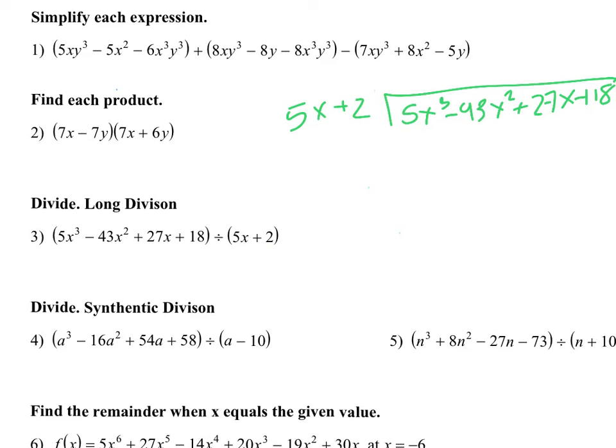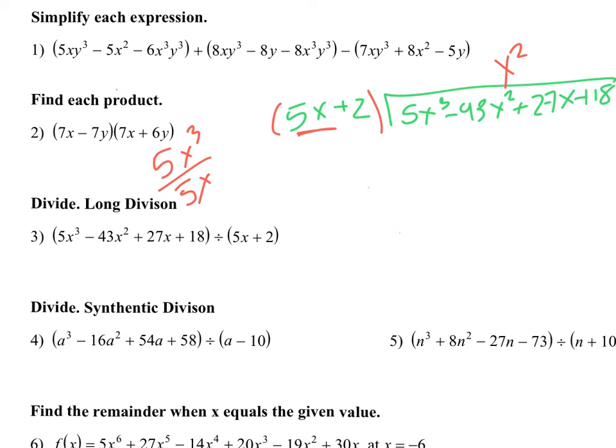And remember, we're looking at first term and first term. It's helpful if you do your side work. So 5x cubed over 5x is going to give me x squared. Then I multiply x squared by my entire binomial here.